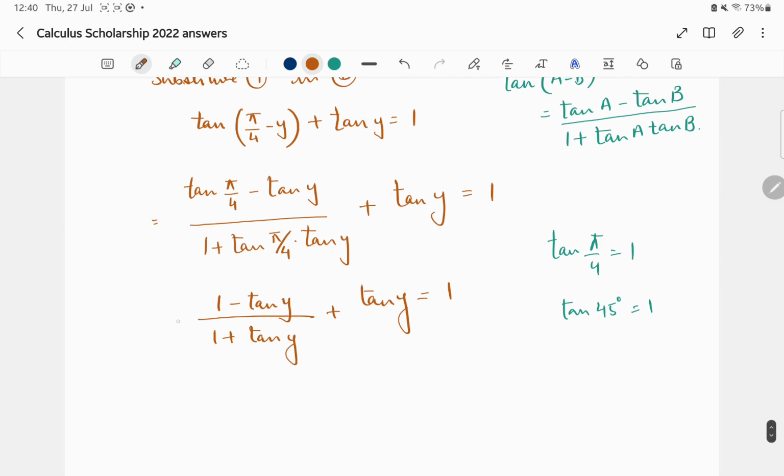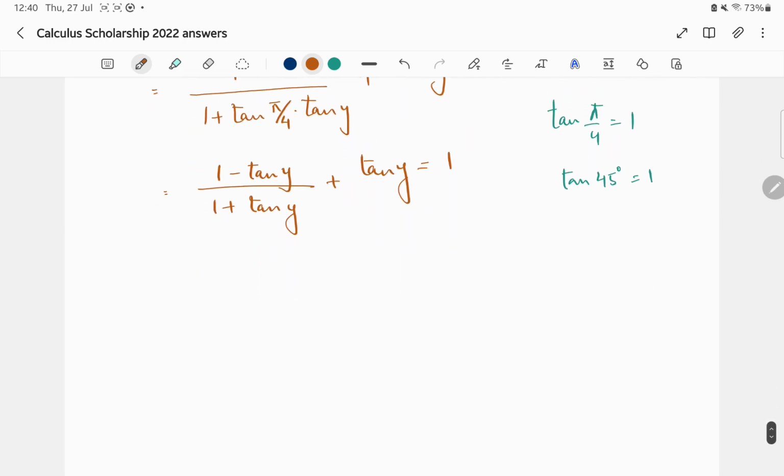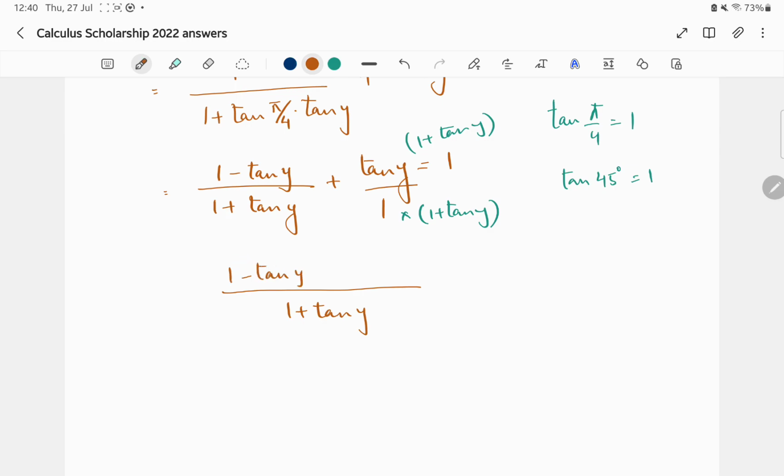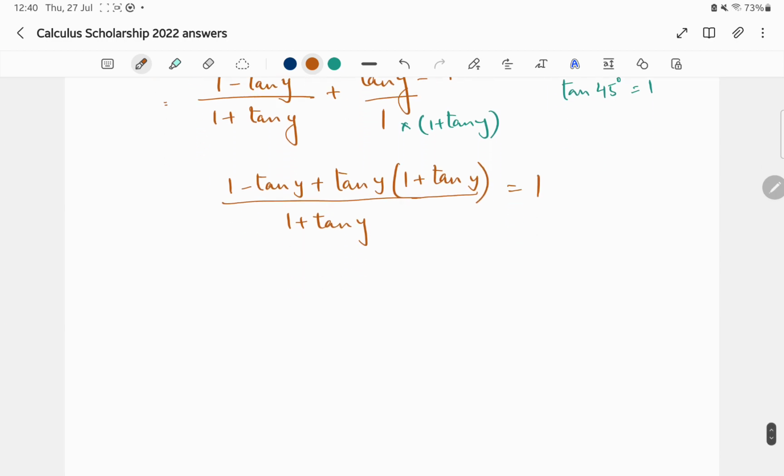Cool. So let's go ahead. Now let's deal with the denominator 1 plus tan y. Here the right side is 1, so we'll have to multiply by 1 plus tan y. So that's going to be 1 minus tan y plus tan y multiplied by 1 plus tan y, equal to 1.